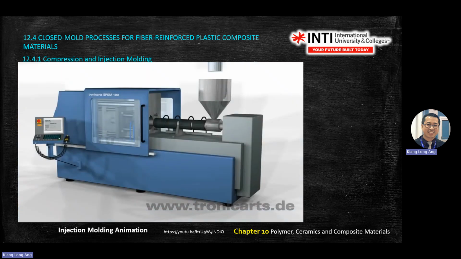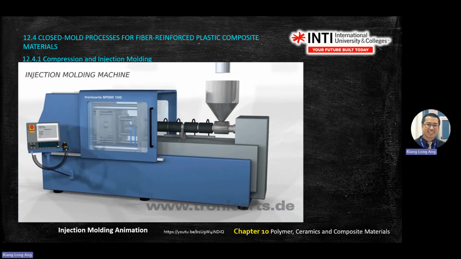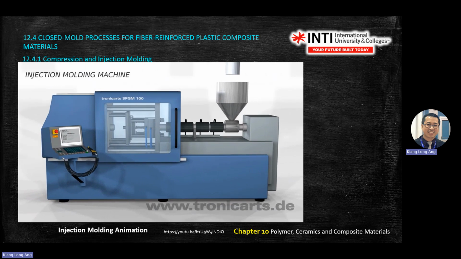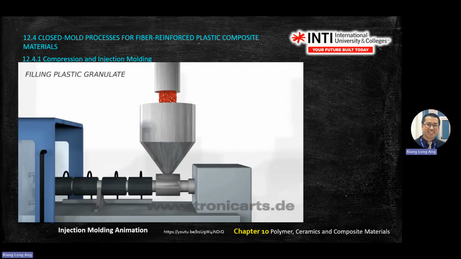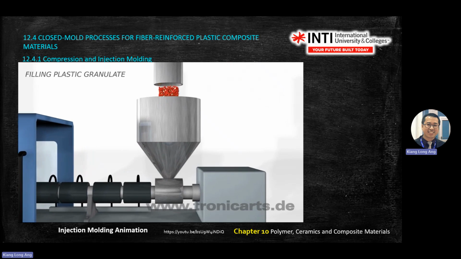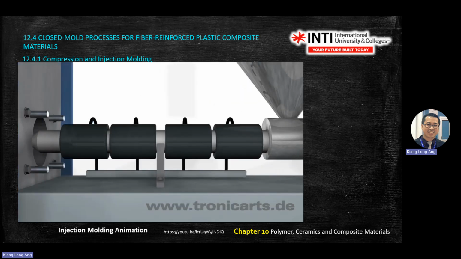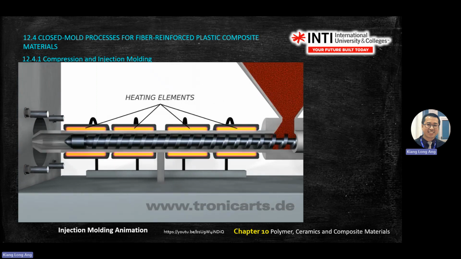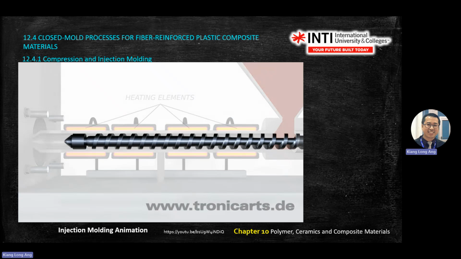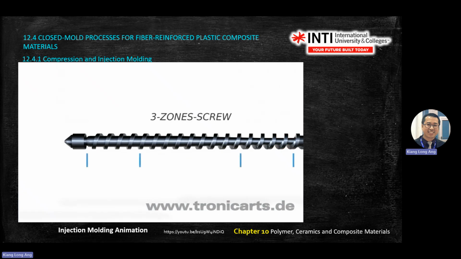So what you do is compress it, the injection molding. Pour the solid plastic material in, then it goes through a twisting element here. So you will slowly melt it with temperature. This is the heat.